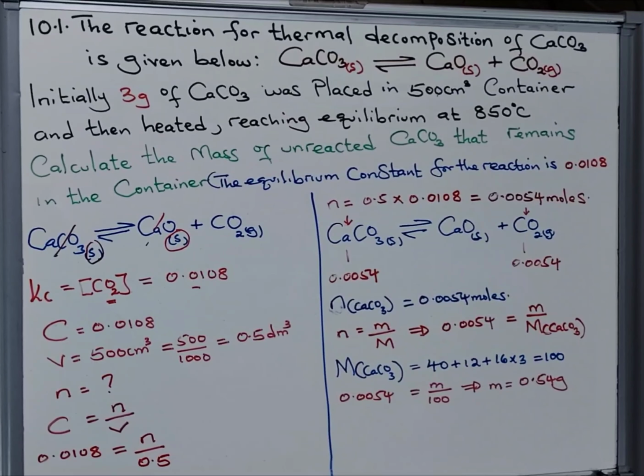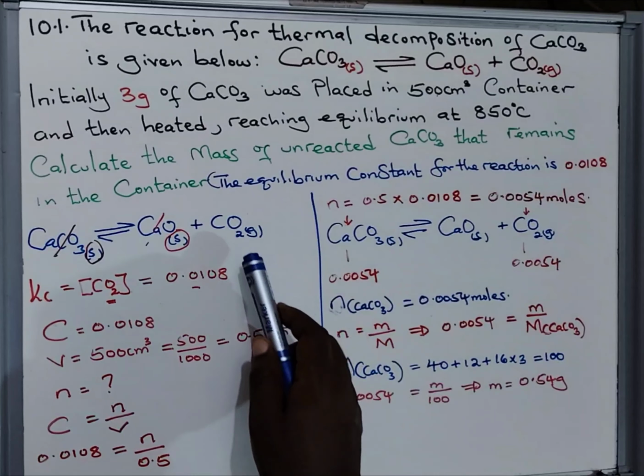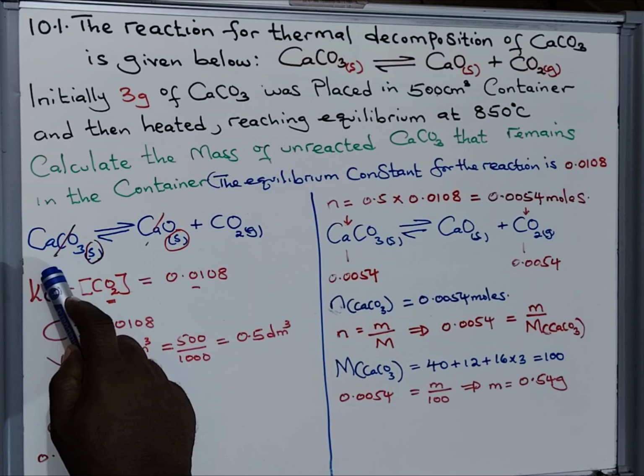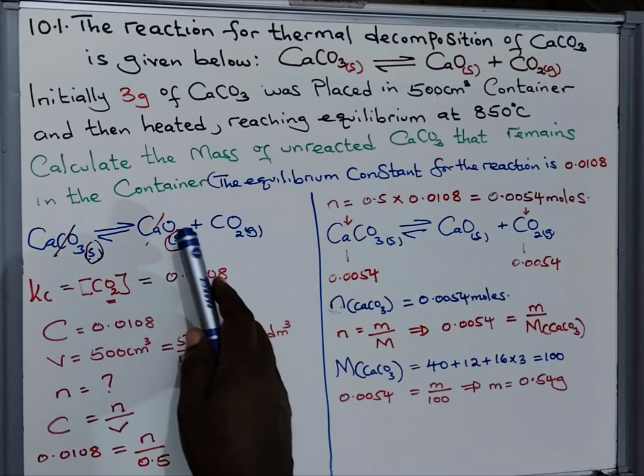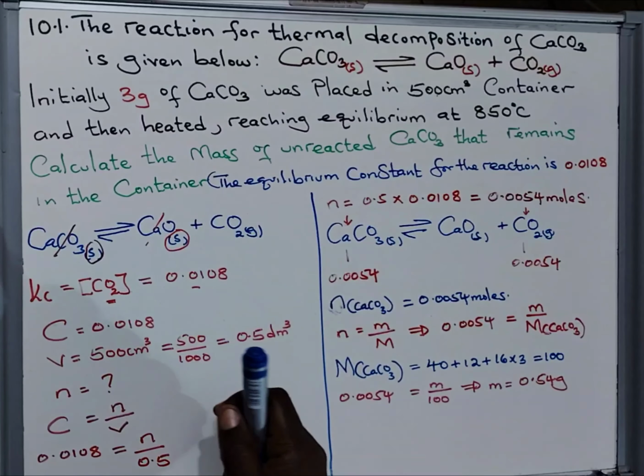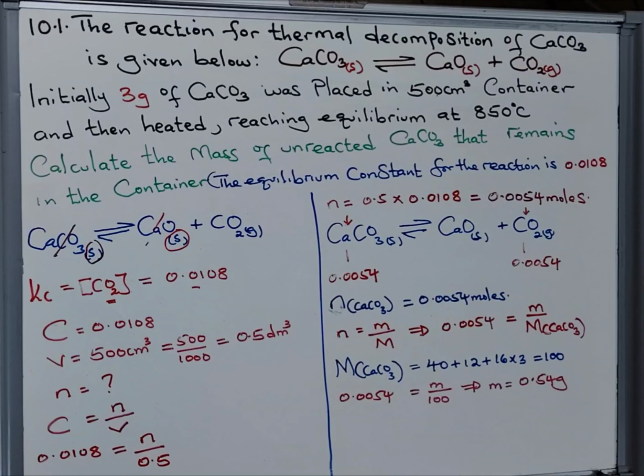But then you have to ask yourself, what is this? What is 0.54 grams? That's the mass of calcium carbonate which reacted. But the question wants the mass of calcium carbonate which is unreacted. So you have to know the equation.